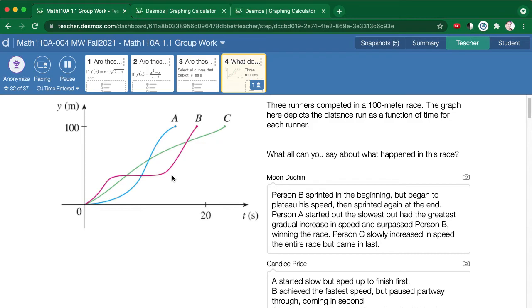Person A started out the slowest, but then had the greatest gradual increase in speed and surpassed person B, winning the race. And person C also increased in speed the entire race, but came in last. And it's worth asking yourself, who came in first and who came in last? And what evidence do you have for this?